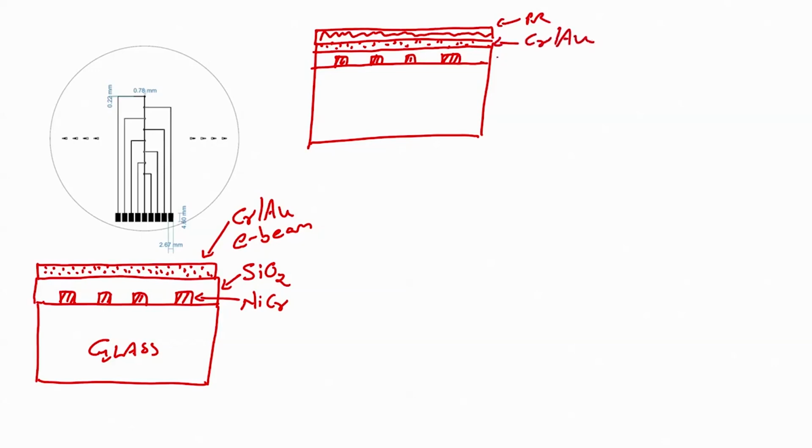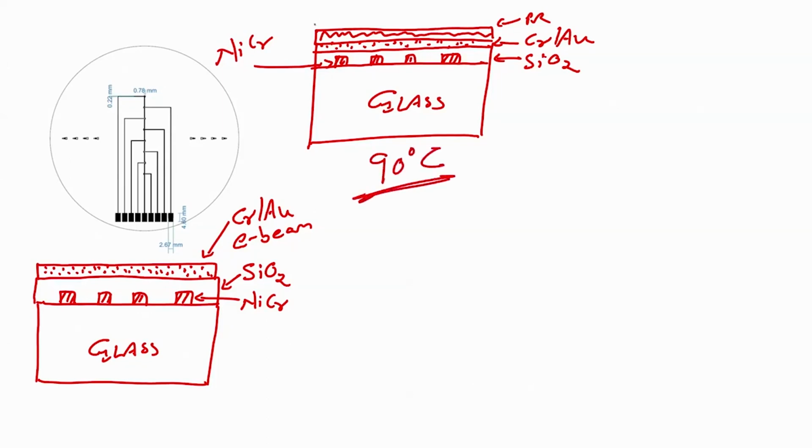Chrome gold, silicon dioxide, nichrome, glass, right. On this, what is the next step? After this we have to pre-bake at 90 degree centigrade. Next step would be to load the mask, correct.